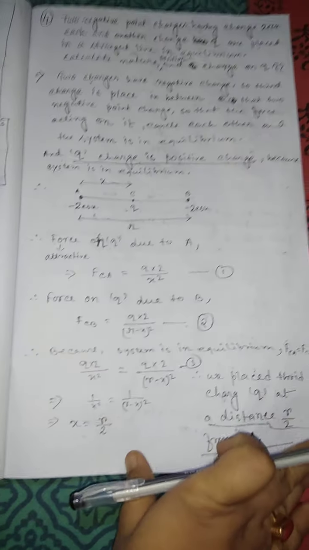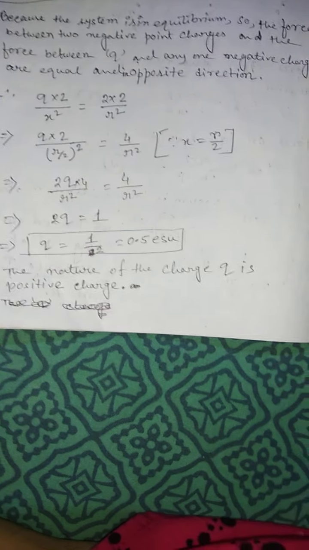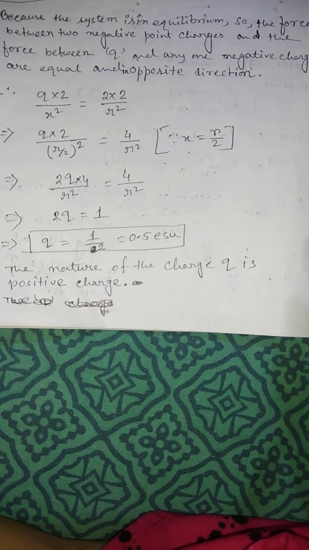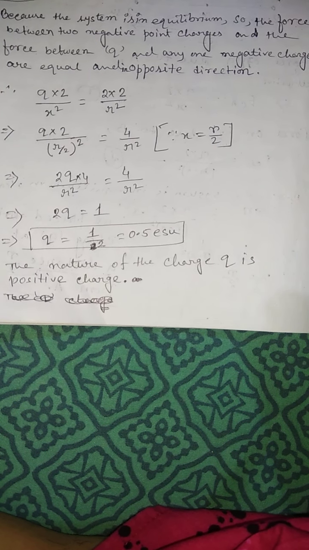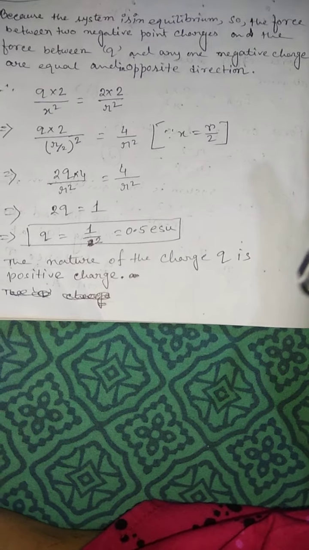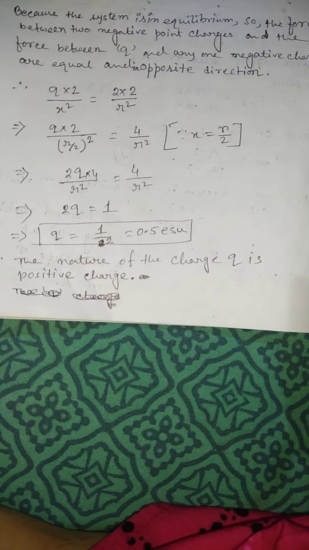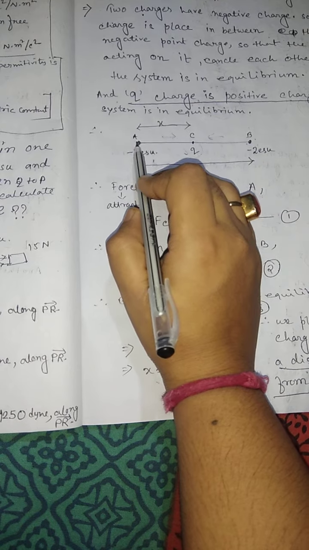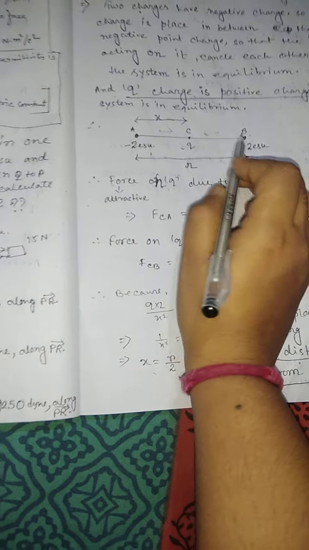Now we calculate the charge on Q. Because the system is in equilibrium, the force between the two negative point charges and the force between Q and any one of the negative charges are equal, but in opposite direction. We see in this direction that these two will repel each other. So the force between these two charges will be equal to the force between either these two or these two.